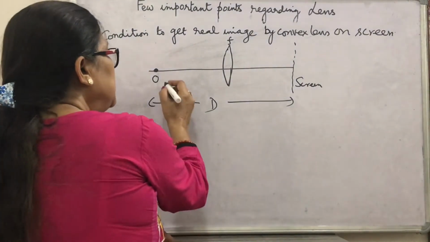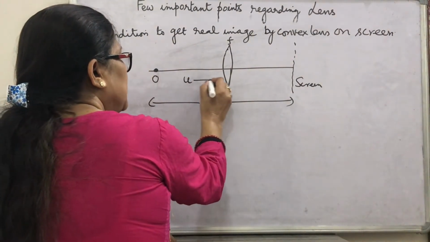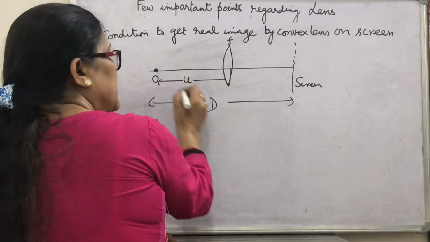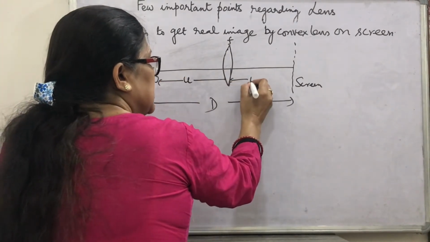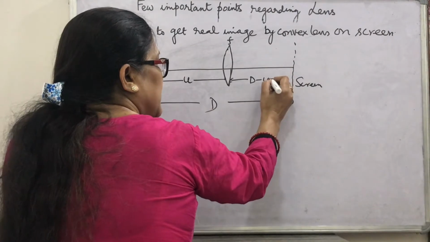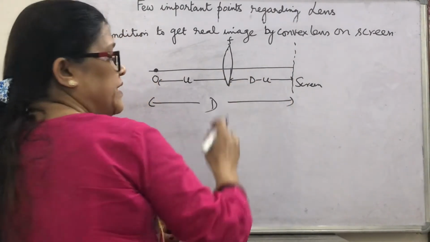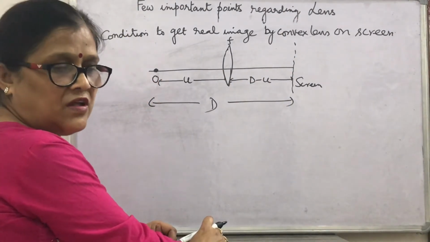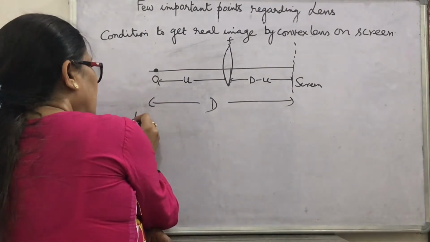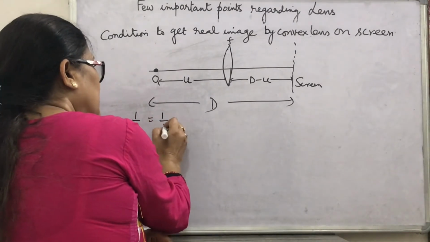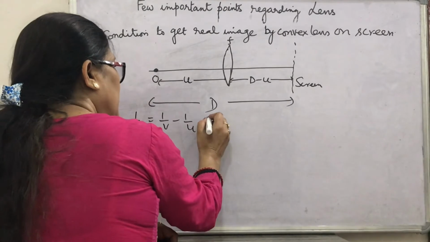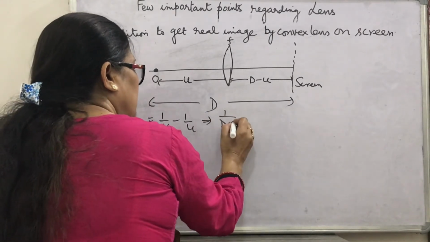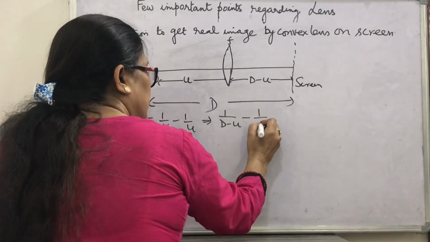Look, as you know, if this is the distance u of the object from the lens, then what will be this distance, for the image at the screen? Image will be formed, so v will be D minus u. Then using the lens formula, 1 by f equal to 1 by v minus 1 by u, you can write 1 by D minus u minus 1 by minus u.